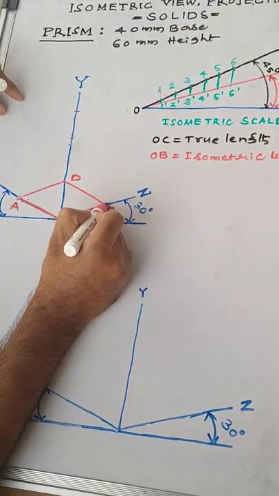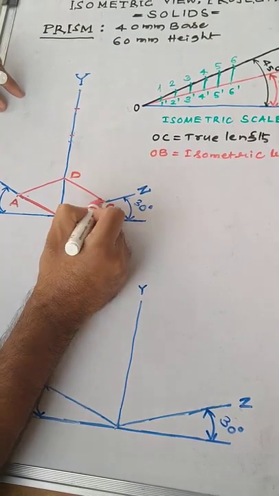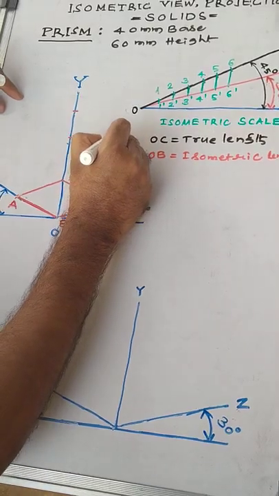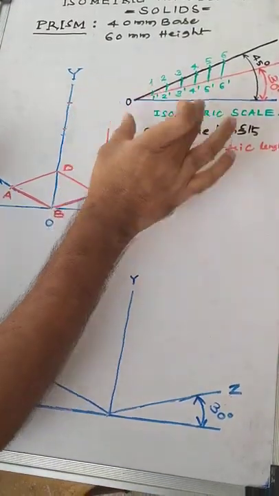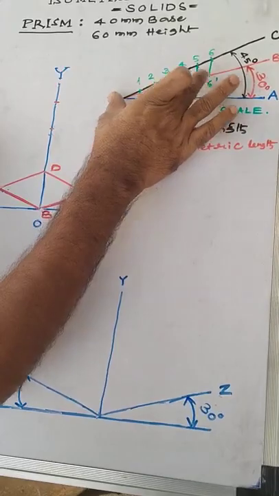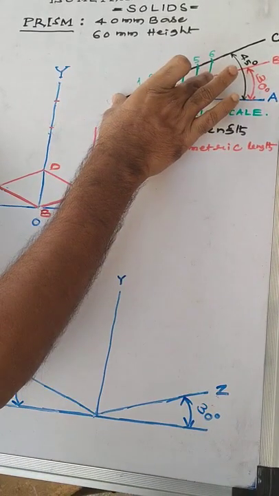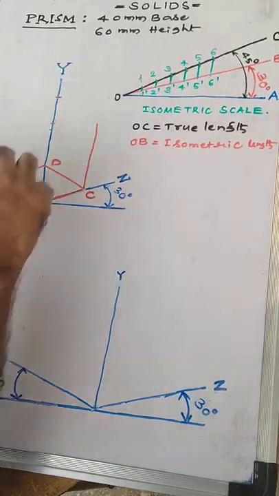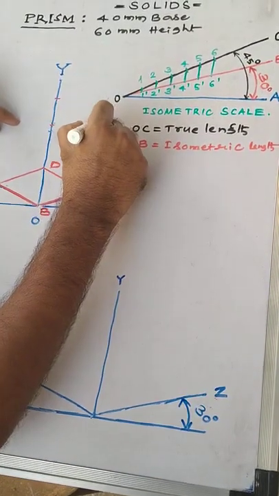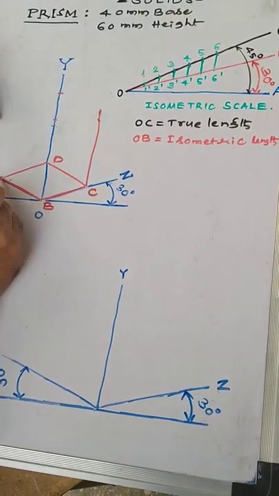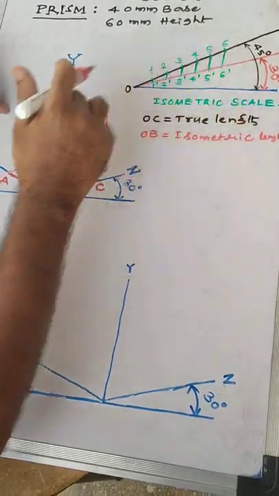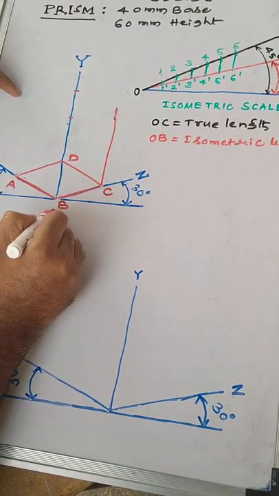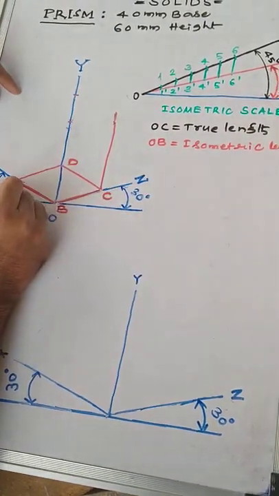Now from C point I am drawing a parallel line to OY. This length is 0 to 6 dash. Got it? Similarly, from A point 0 to 6 dash, a line passing through A point parallel to the OY axis.